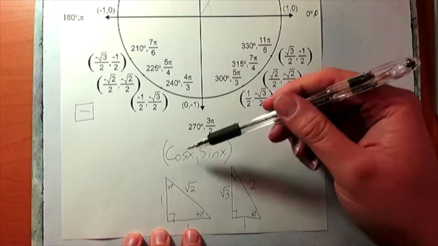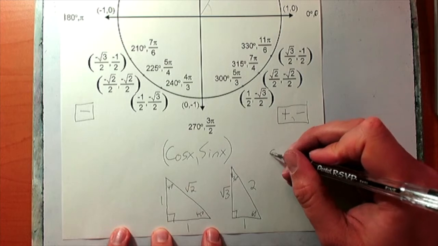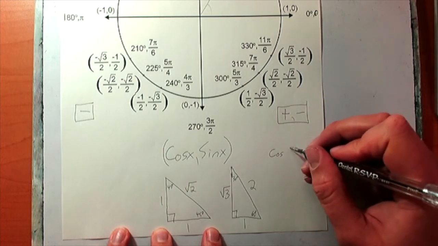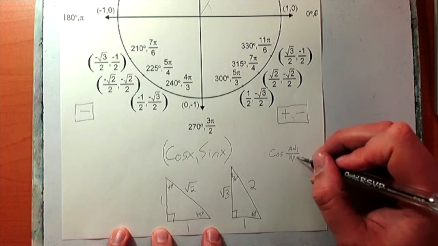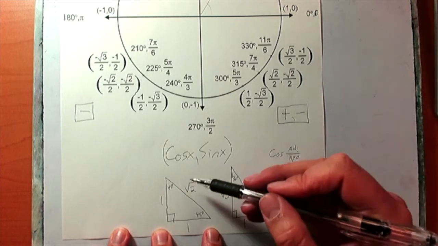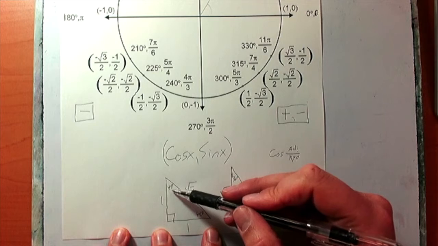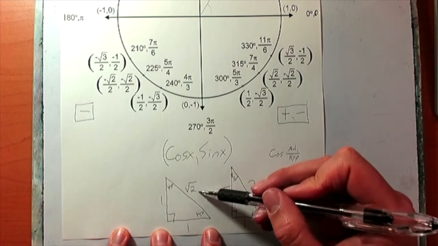Now you'll notice from the good old days when you had cos is adjacent over hypotenuse, you'll see that cos of 45 is going to be adjacent 1 over √2.